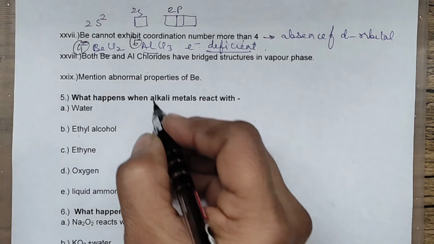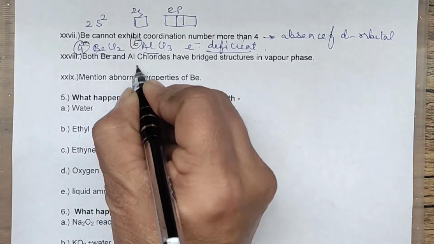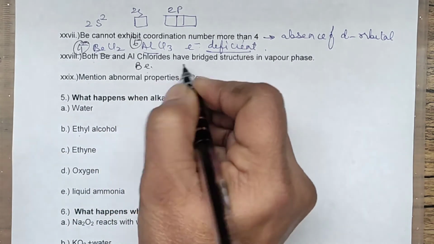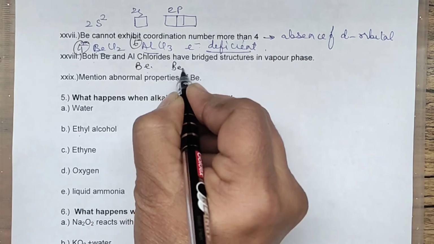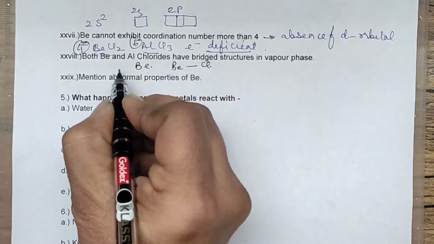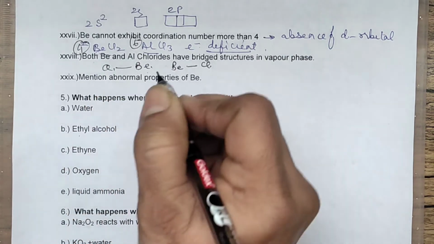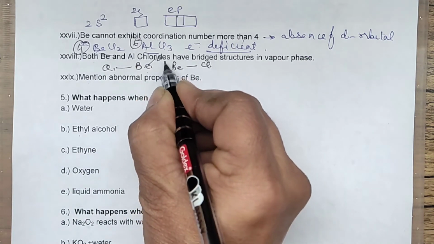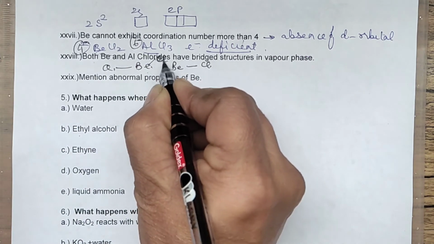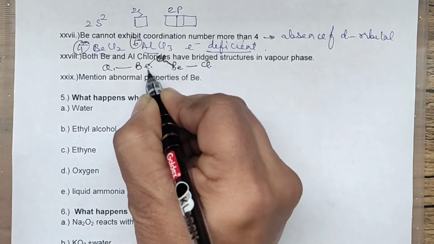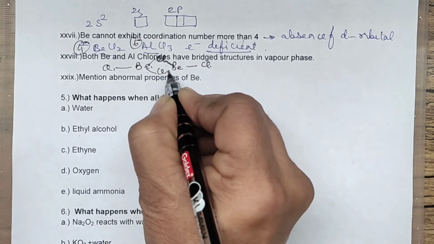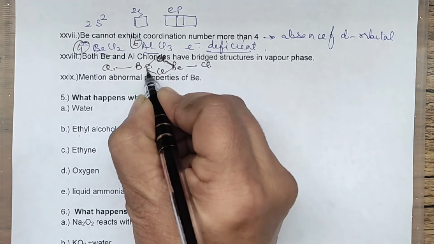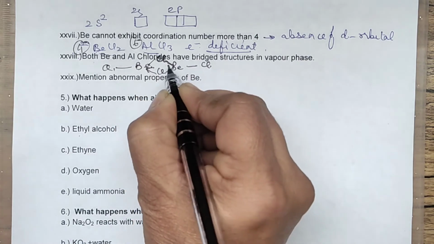So you can remember their structures. For beryllium chloride, it is Be here, 1 chlorine here, 1 chlorine this side, here you have 1 chlorine, it is connected like this, you have 1 more chlorine, and from chlorine to beryllium there is a dative bond.